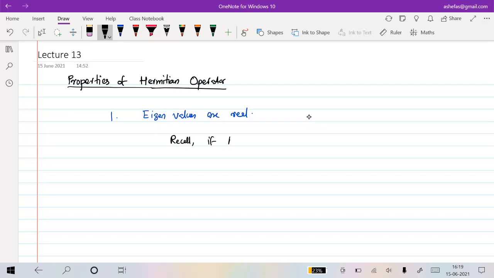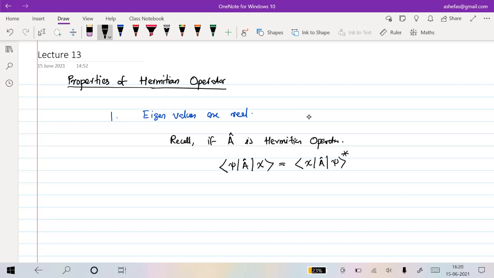Recall, if A is a Hermitian operator, then the inner product of psi with A chi, where psi and chi are two vectors in the vector space, would be equal to the inner product of chi with A psi, complex conjugated.